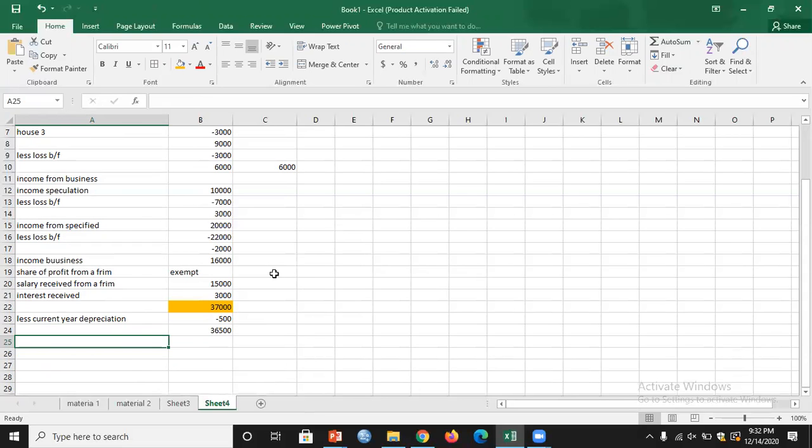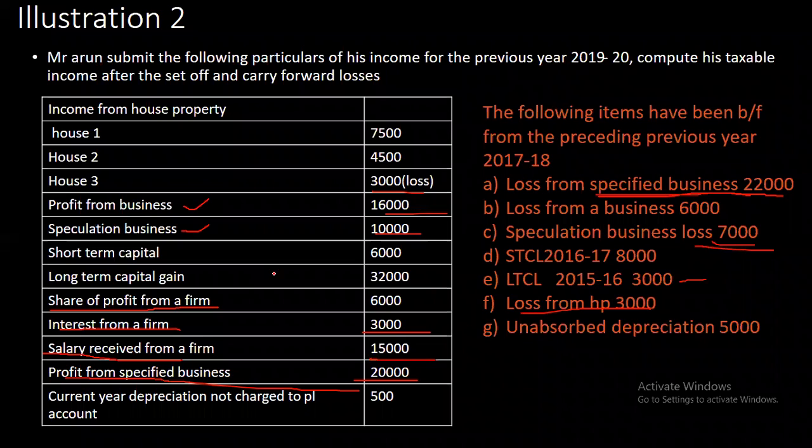Then I have to deduct the last year, like there is a loss from the business around 6,000, and there is an unabsorbed depreciation around 5,000. I have to deduct both things.